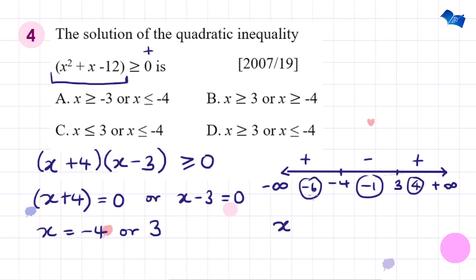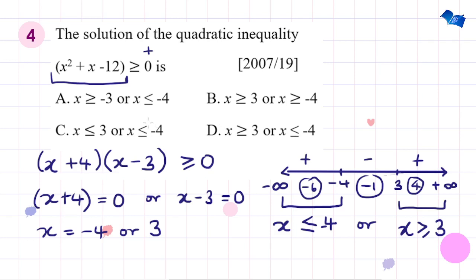So that is between this to this and between this to this. So for this, x is less than or equal to minus 4, and for this, x is greater than or equal to 3. So these are the range of values of x. x is less than or equal to minus 4, or x is greater or equal to 3.